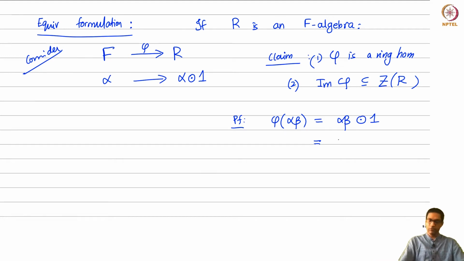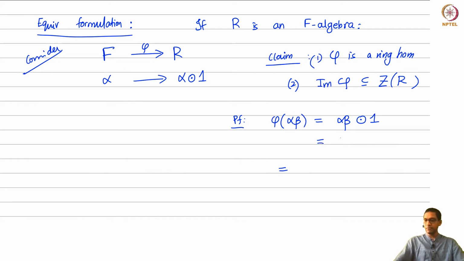One way of doing this is to say it's alpha beta scalar multiplying 1 into 1, because the multiplicative identity is just 1 times itself. And now alpha beta is a scalar. Because of the vector space axiom, we'll do that in the next step just for clarity.